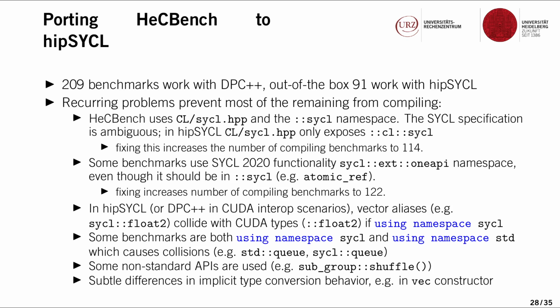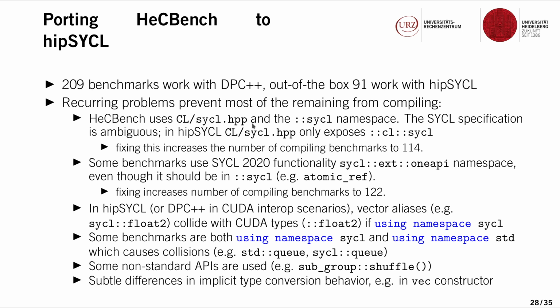So what we found is that 209 benchmarks work out of the box with DPC++, 91 work out of the box with hipSYCL. Those that did not compile, however, mainly did not do so because of recurring fairly simple problems. For example, there's a specification ambiguity in SYCL with regards to the use of the legacy CL/sycl.hpp header.